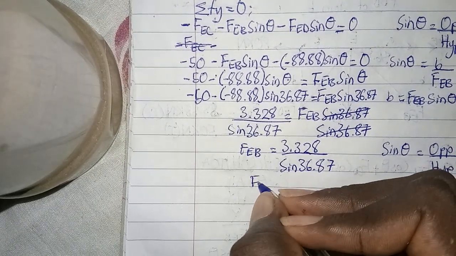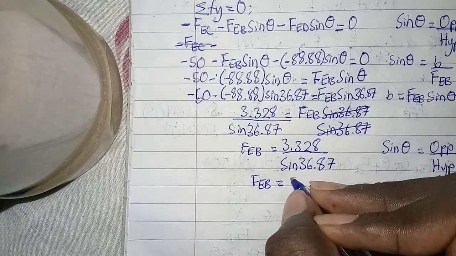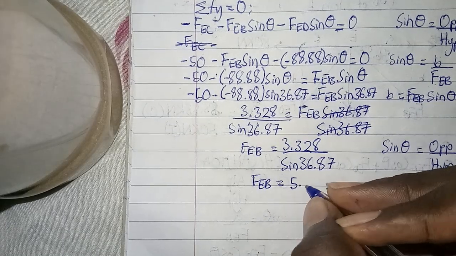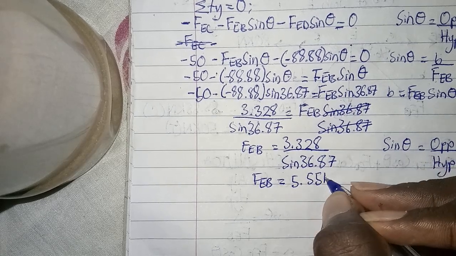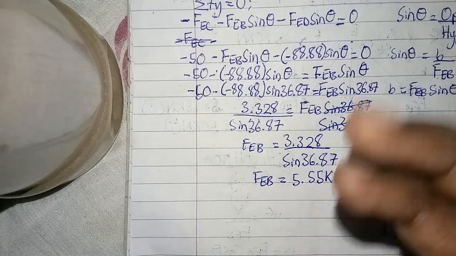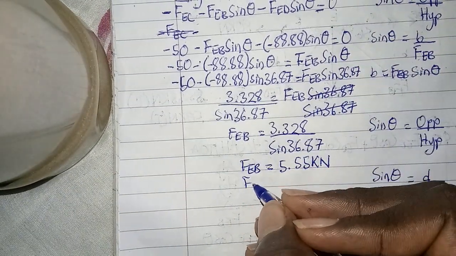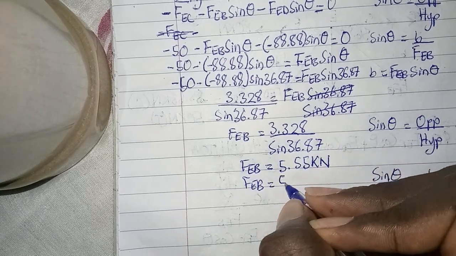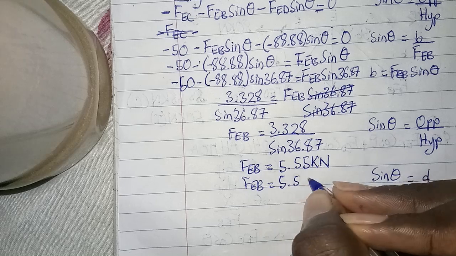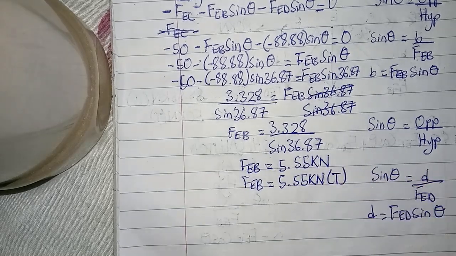So force EB will be equal to 5.55 kilonewton. It is positive, so it will be under tension. So force EB will be equal to 5.55 kilonewton tension.